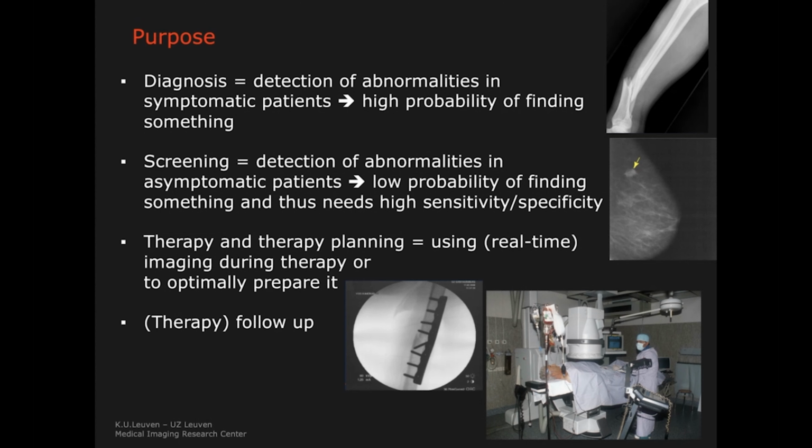So this is very different with regard to what is called sensitivity and specificity. When we need to make a diagnosis, you need to be very specific: okay, this is wrong, and this is the explanation for the problem. When we do screening, we need something very sensitive.